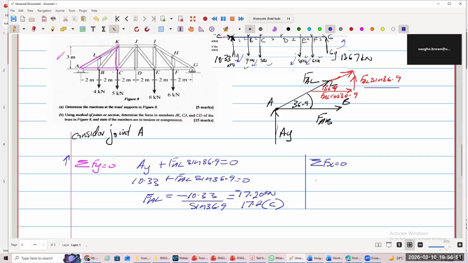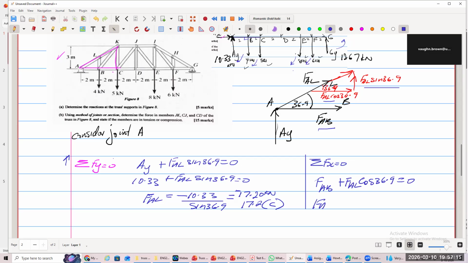First one is FAB, this one right here, positive. Then you have another component right here, which is FAL cos 36.9 equals to 0.